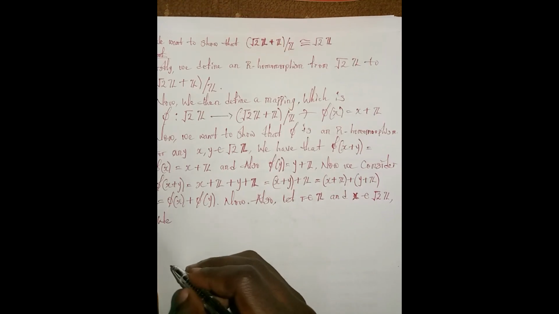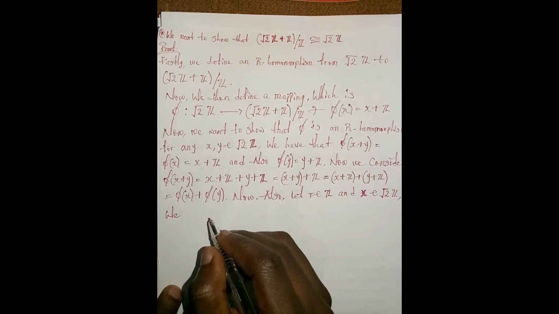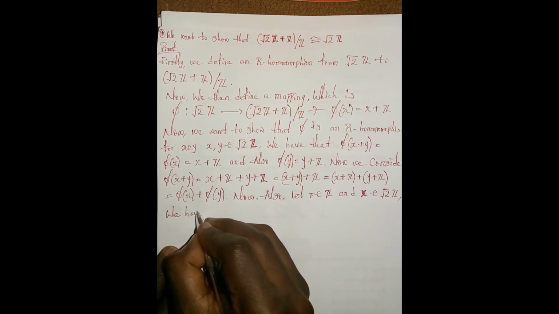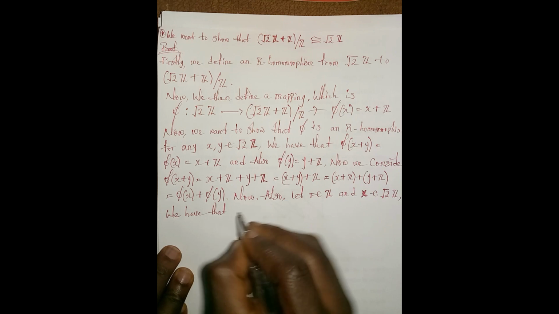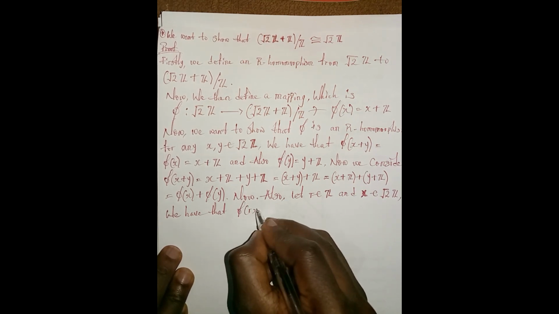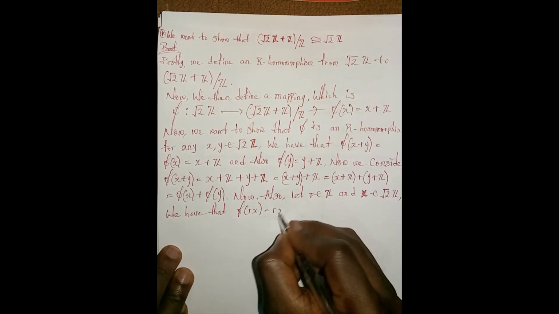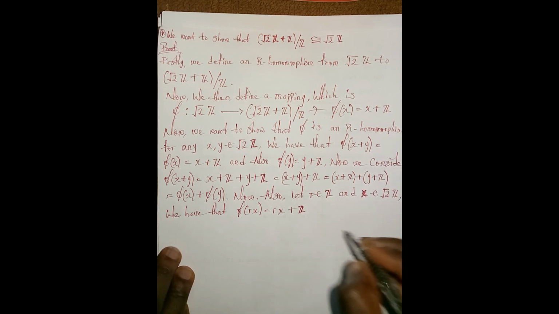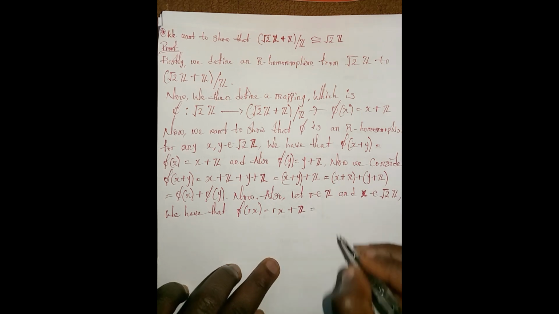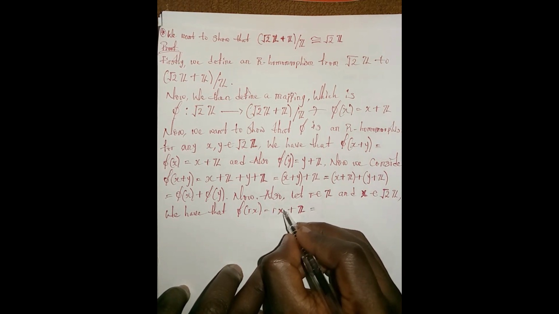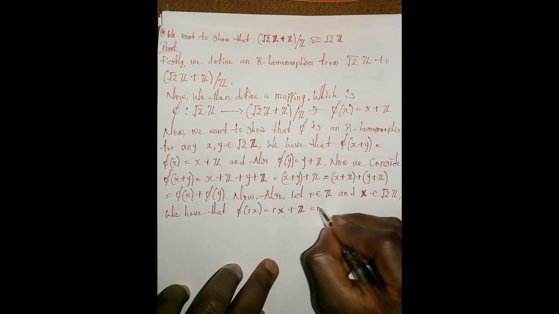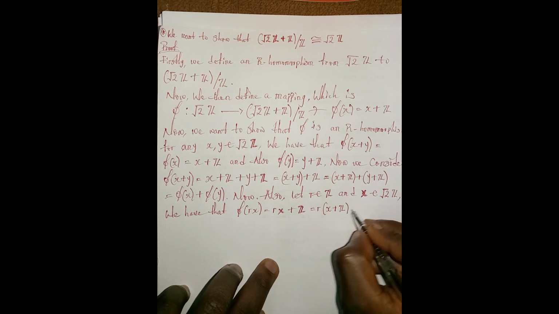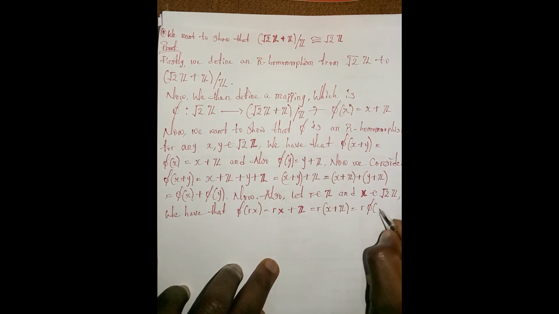We have that phi of Rx is equal to Rx plus script z, which is equal to, since R is a scalar, R in bracket of x plus script z, which is equal to R phi of x.